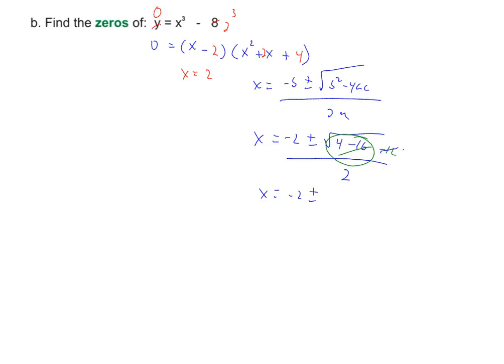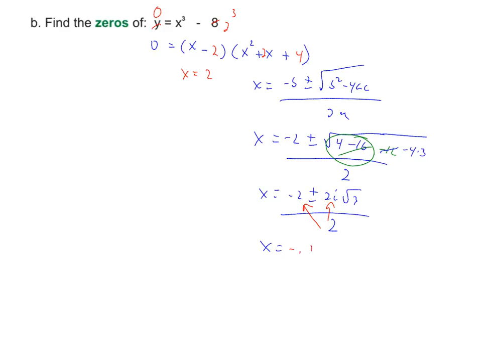a negative 12 is a negative 4 times 3. Square root of negative 4 is a 2i. Still have the square root of 3 all over 2. Clean it up. Divide the 2 into the 2's. X equals, I'll do this last part in red because here's our other roots.